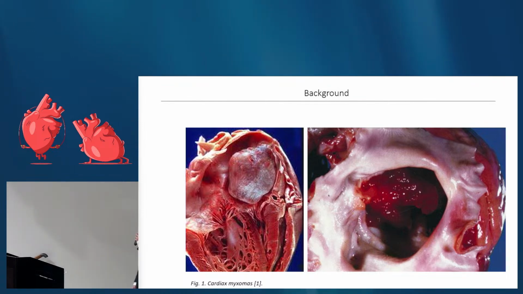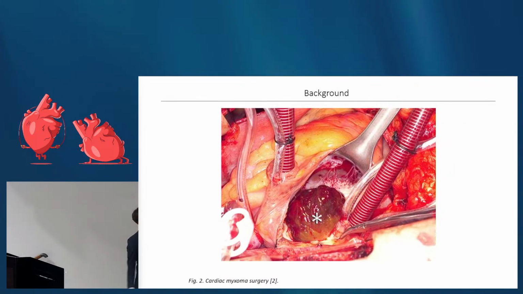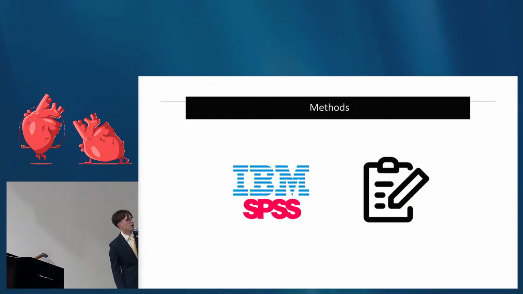And the best treatment, and the only treatment, for cardiac myxoma is its surgical removal, either by classic sternotomy or minimally invasive approaches. On the figures you can see some cardiac myxomas.